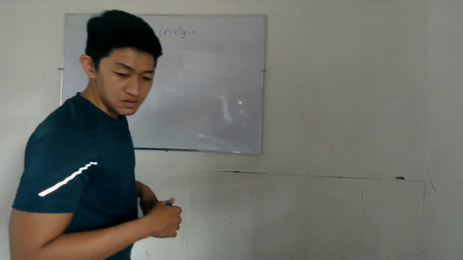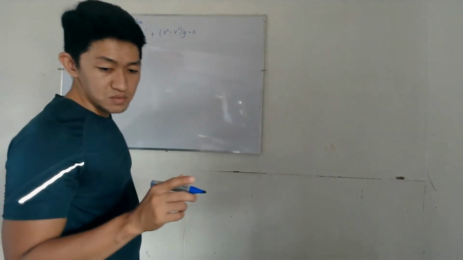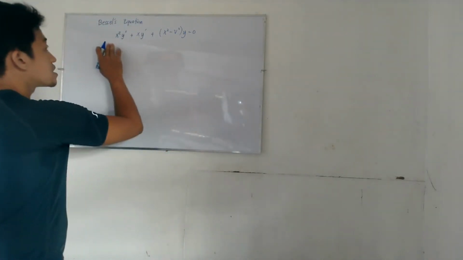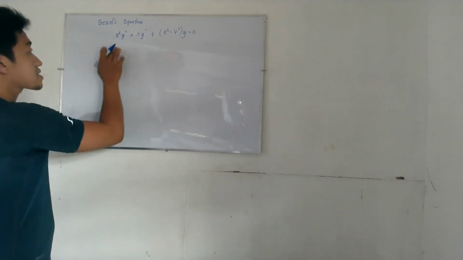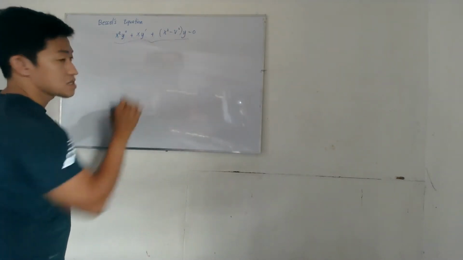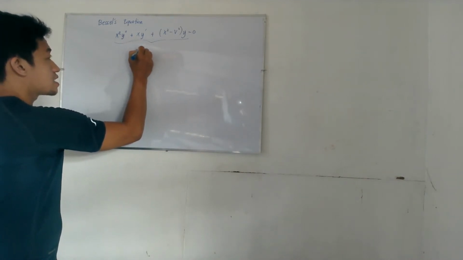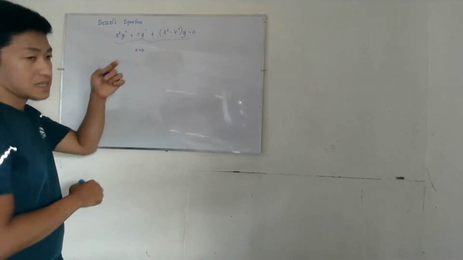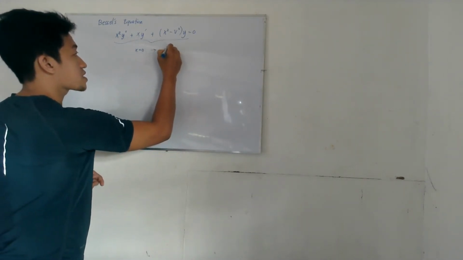We have not yet discussed the Frobenius method, but it states that since this equation has x equals 0 as what you call a singular point.